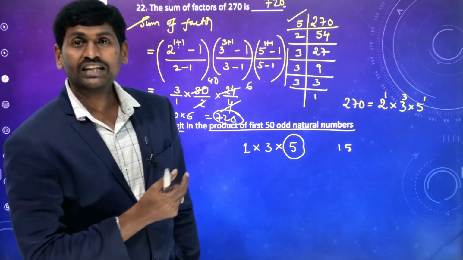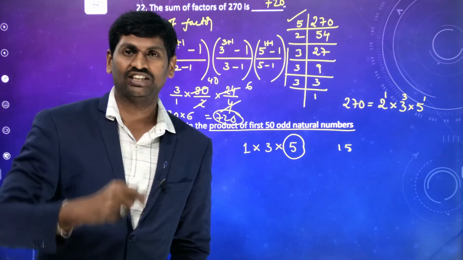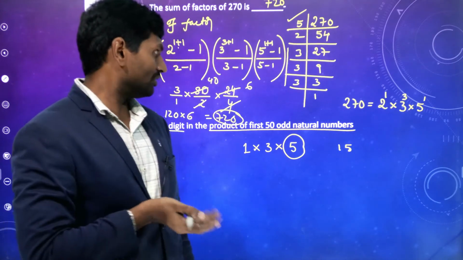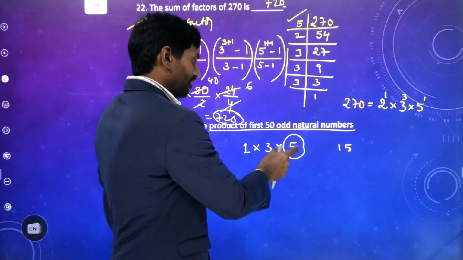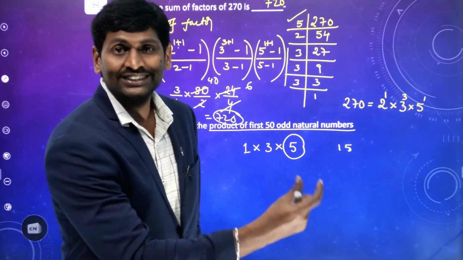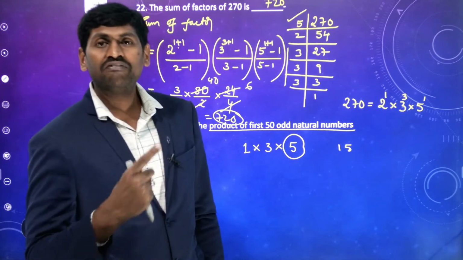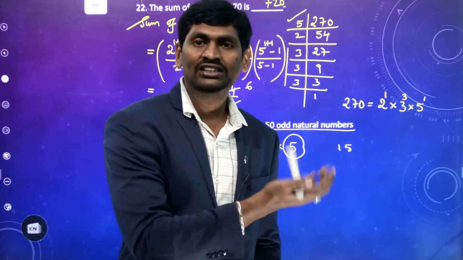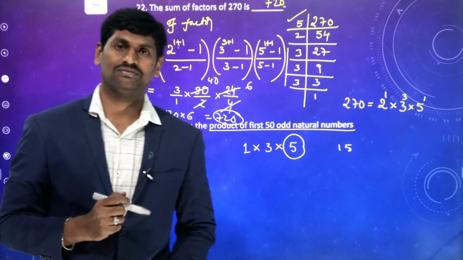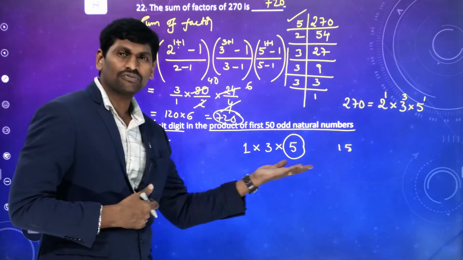When 5 is multiplied with an even number like 2, 4, 6, it ends with 0. You can observe the 5 table. When 5 is multiplied with every odd number, its unit digit is 5. When 5 is multiplied with every even number, its unit digit is 0. So here only odd numbers we are taking, and we are multiplying with 5.